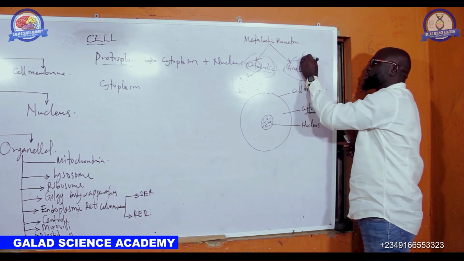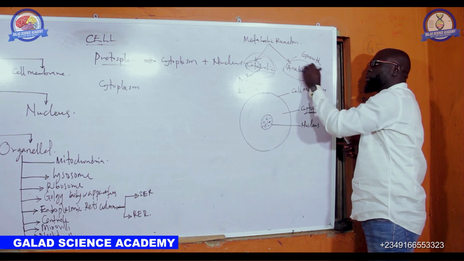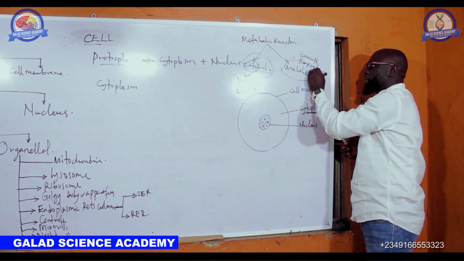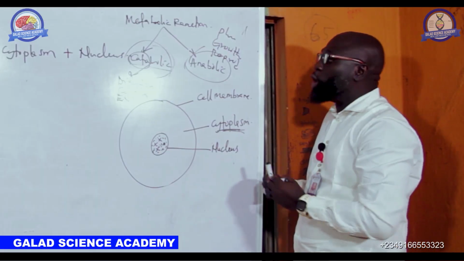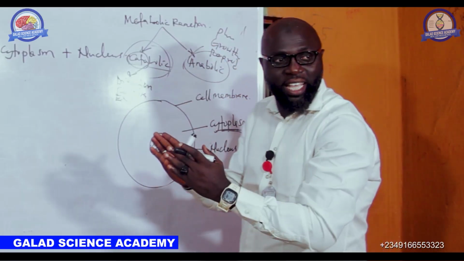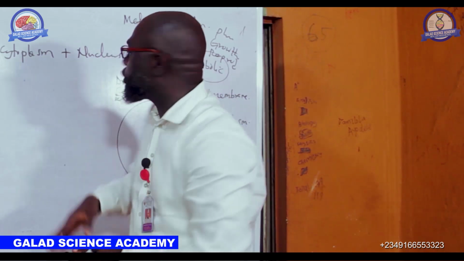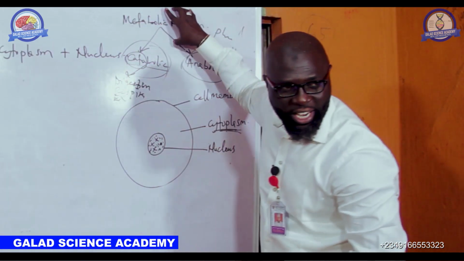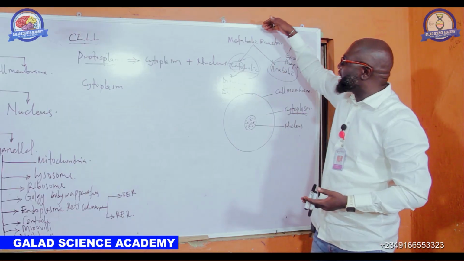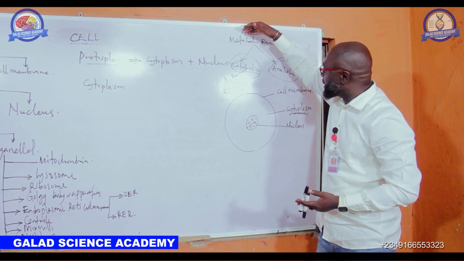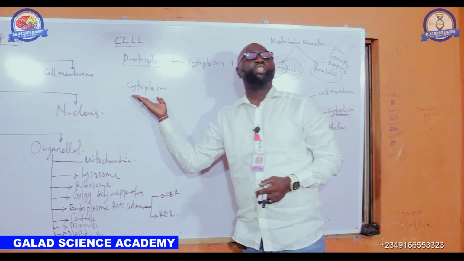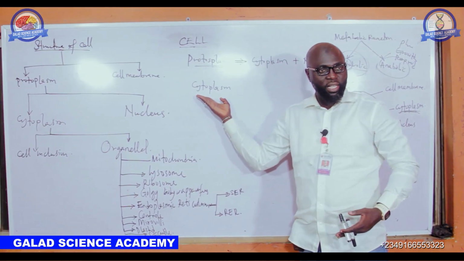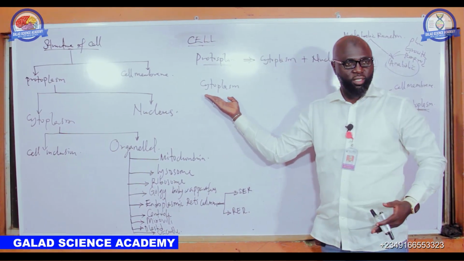We have growth, reproduction, and photosynthesis. So the sum of catabolic and anabolic reaction is equal to the metabolic reaction. Where does this metabolic reaction take place in the cell? It occurs in the cytoplasm, in the cell body.